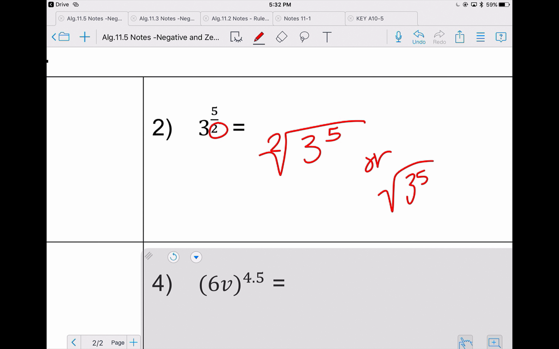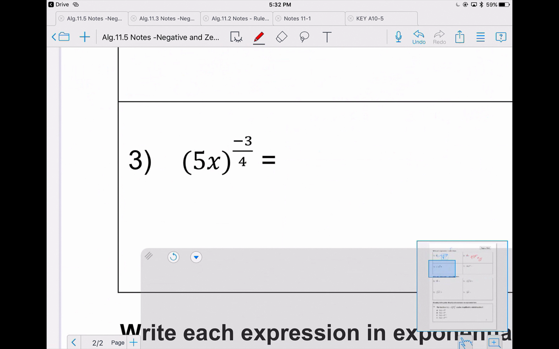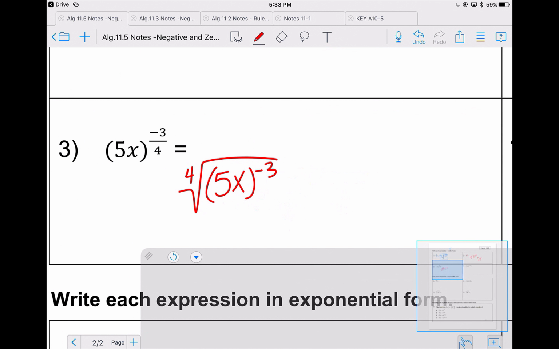4 goes on the outside. 5x to the negative 3 goes on the inside. Now, like we talked about yesterday, we do have that rule where you have to get rid of negatives.